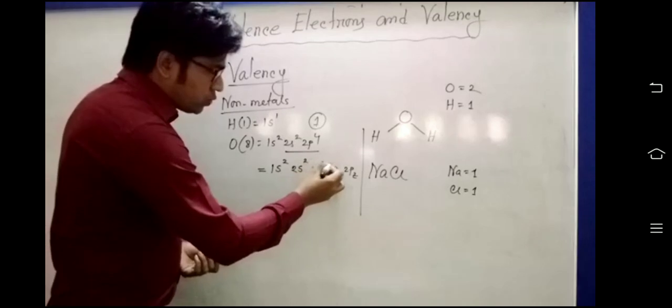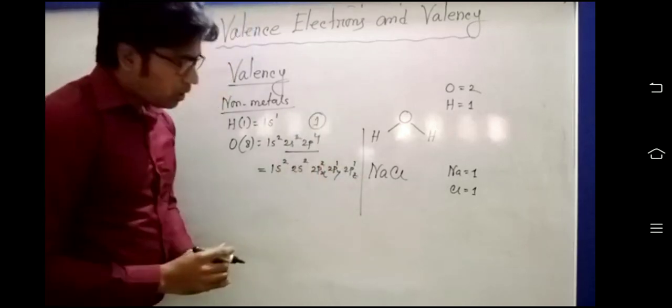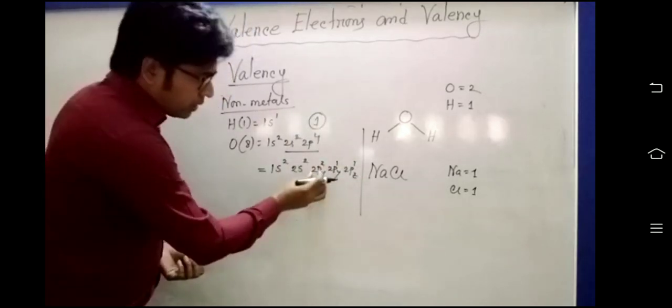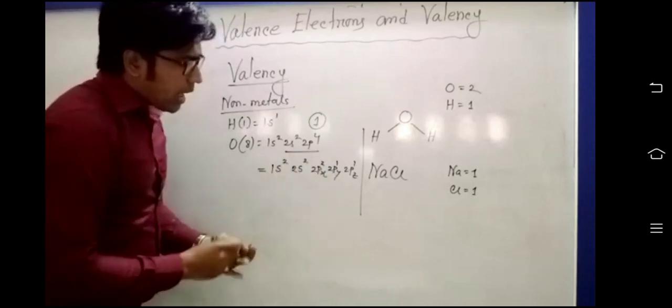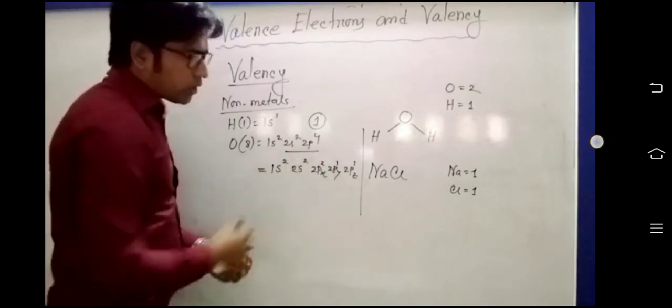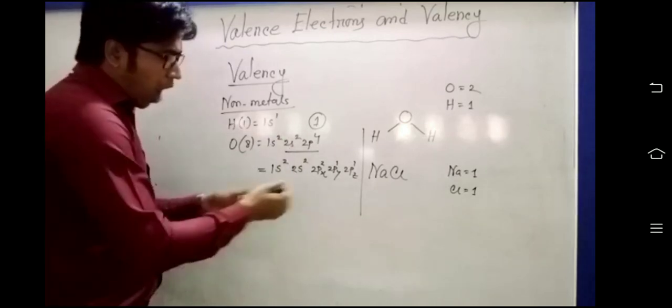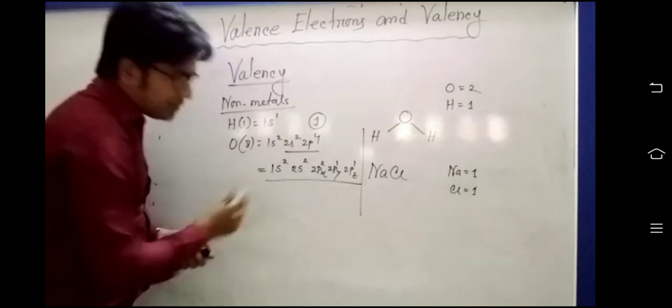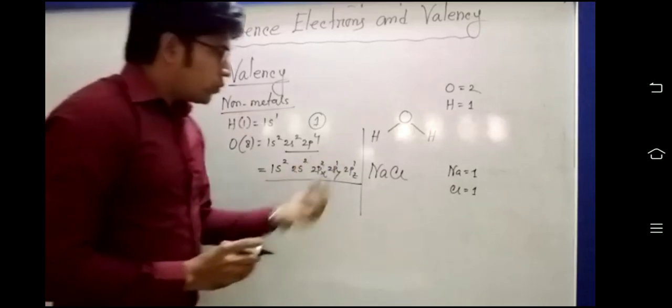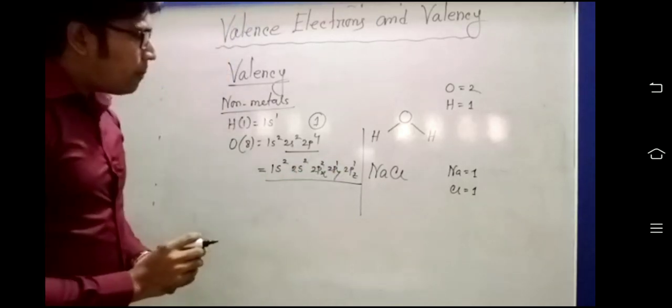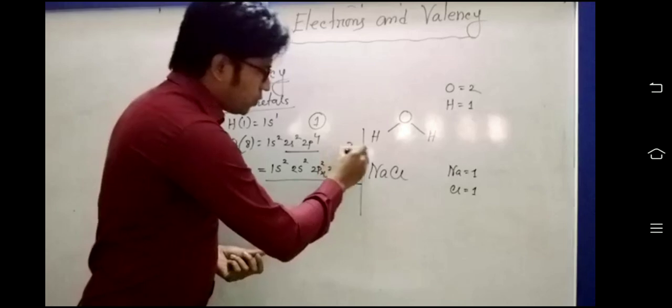So it will be 2, 1, 1. In 2px there are 2 electrons, in 2py there is 1 electron, and in 2pz there is 1 electron. So how many odd electrons are in this configuration? 2. That's why the valency of oxygen is 2.